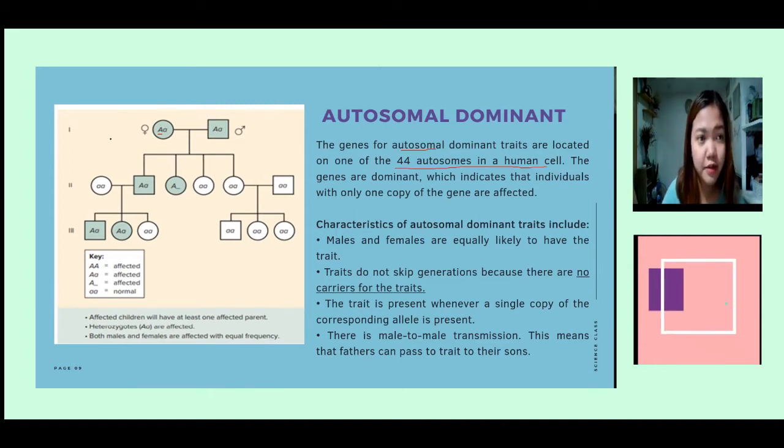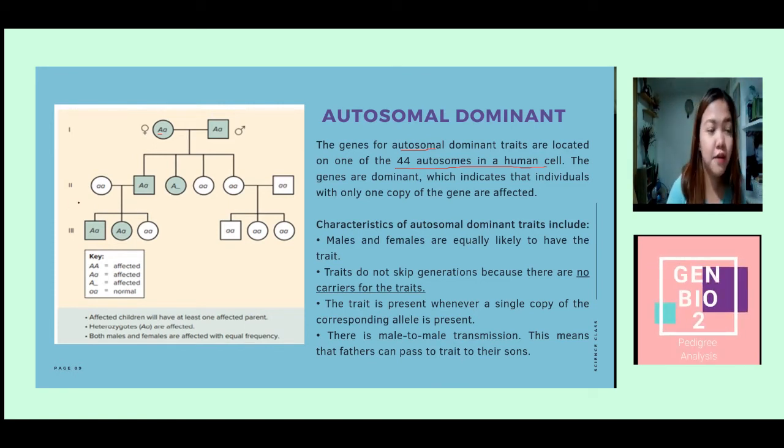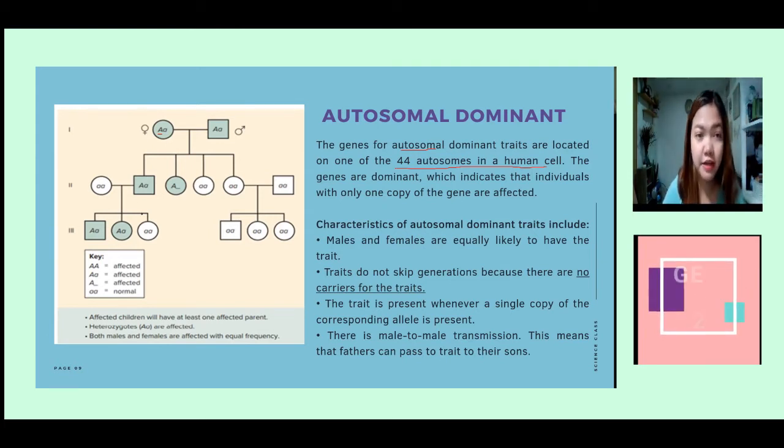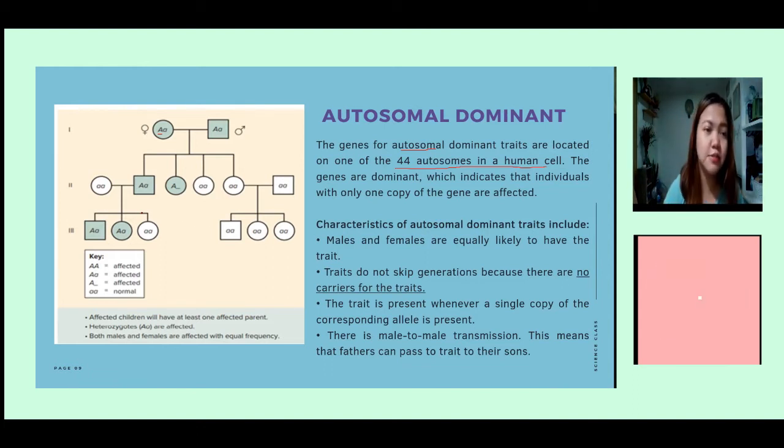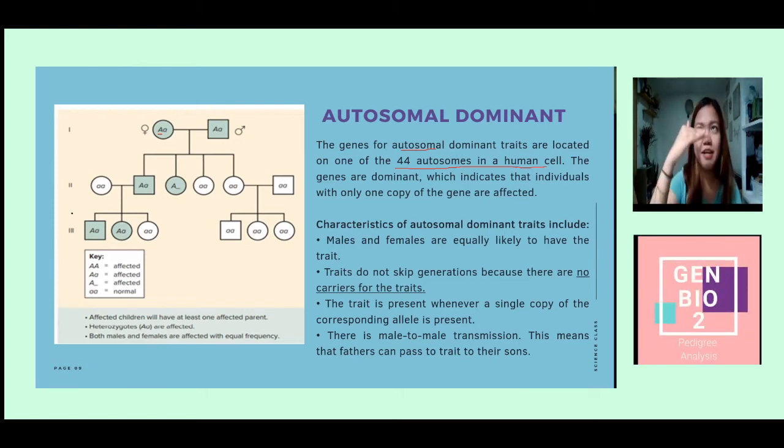For example, dito sa first generation, merong affected individual. In the second generation, meron. In the third generation, meron ring affected. So, hindi siya nagsiskip ng generation. Yung trait na yun, na-observe mo per generation. That's why it's considered dominant. The pattern of inheritance is autosomal dominant.